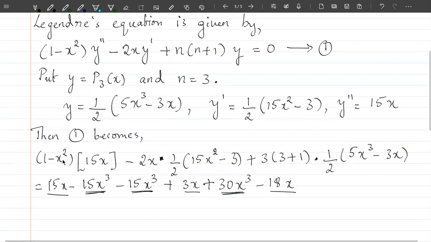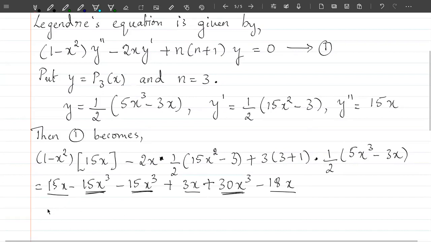So let's solve this further. 1 into 15x minus x square into 15x, so I get minus 15x cube. 2 and 2 cancel, 15x square into x gives 15x cube with a negative sign, minus and minus plus 2 is cancelled, 3x. Here I get 3 plus 1, 4, 4 by 2, that's 2. So I get 3 into 2, 6, 6 into 5, 30x cube. Then 3 into 2, 6, 6 into minus 3x, that is minus 18x.